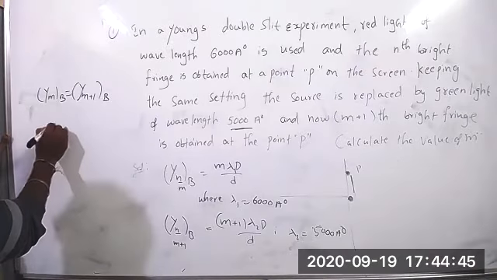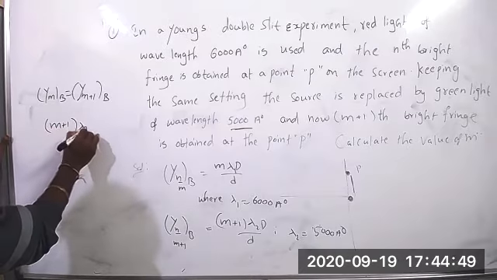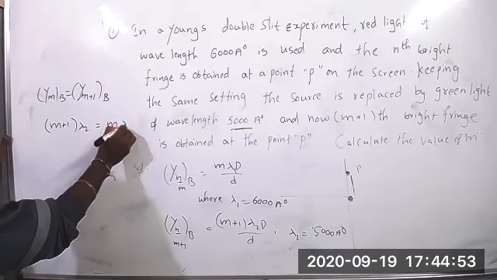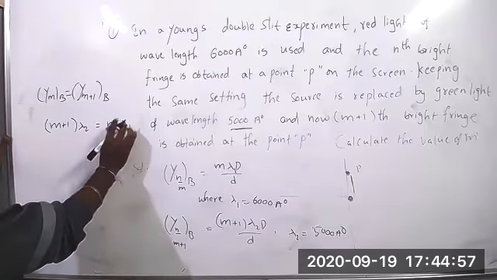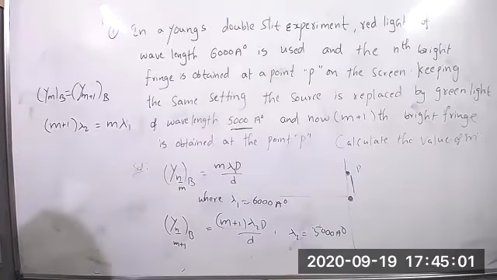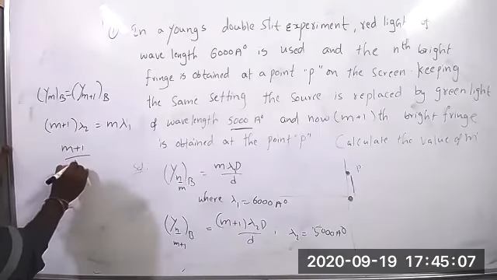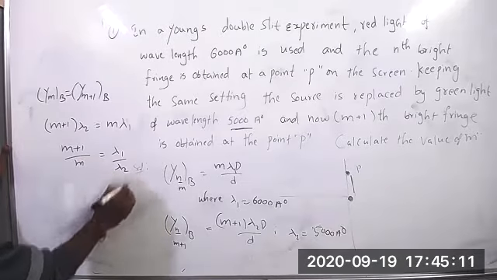From here, m plus 1 lambda 2 equals m lambda 1. Then m plus 1 by m equals lambda 1 by lambda 2.